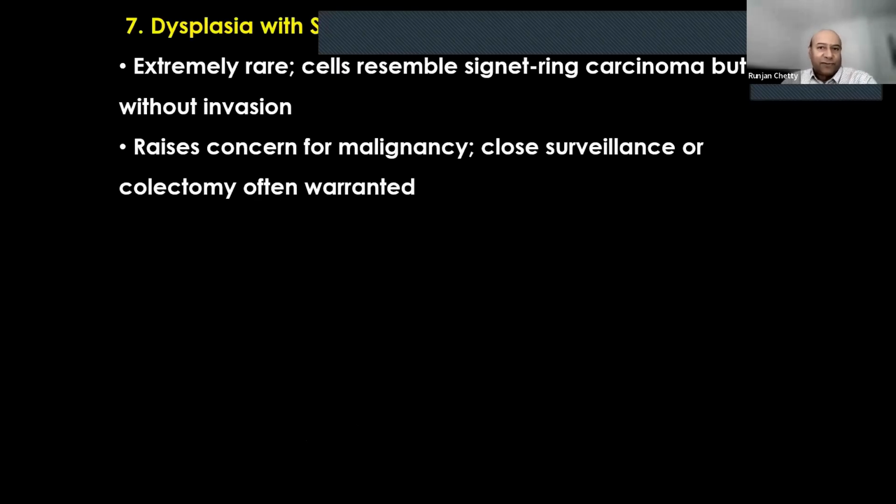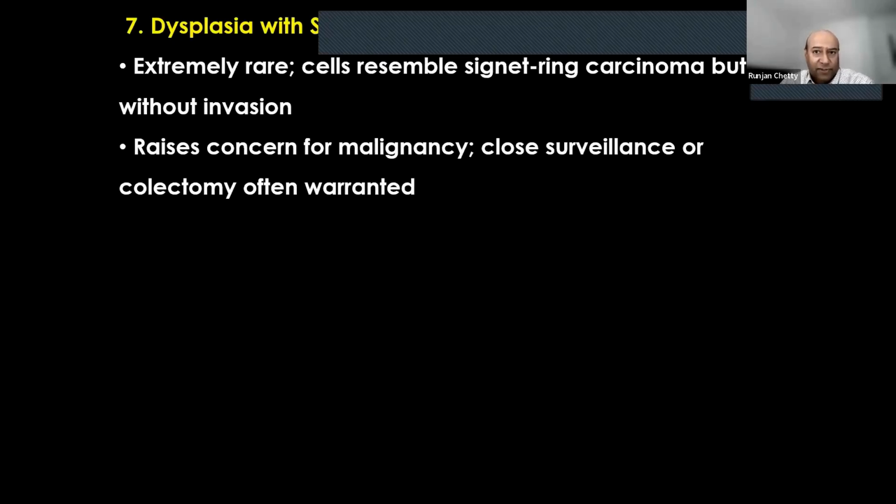And dysplasia with signet ring features. Here you have cells in the glands or in the crypts that resemble signet ring carcinoma, but without invasion. It's almost like a hereditary gastric cancer in many ways. If you see signet ring cells, be sure that they are true signet ring cells with nuclear atypia and not just goblet cells that look a little angry.